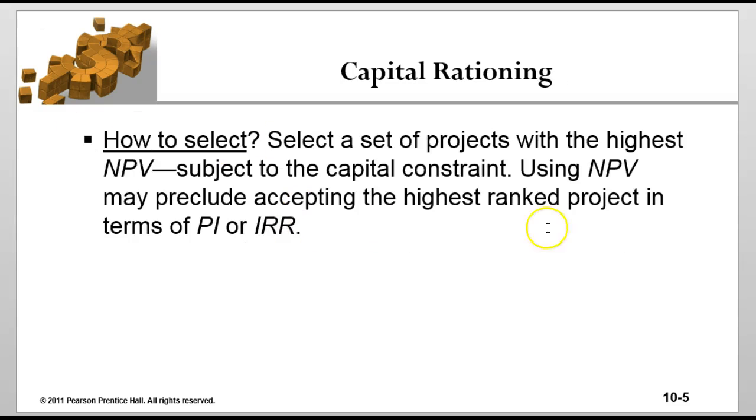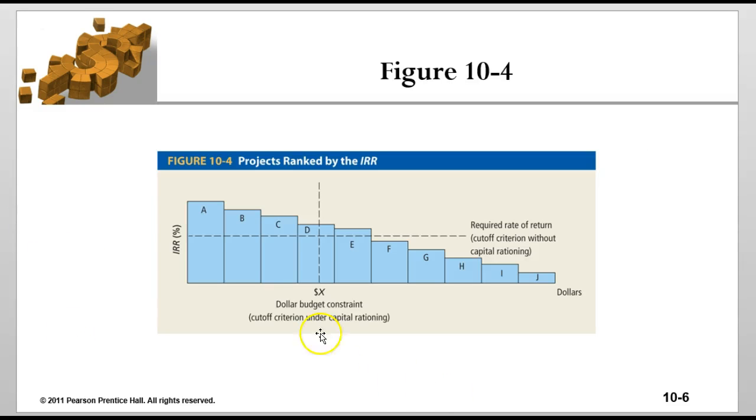So how do you select it? You could select the one with the highest net present value, or you could rank them by profitability index or internal rate of return or by the payback period. However you do that, you're going to end up with a group of projects. This one's rated by IRR, and at some point there is going to be a cutoff point, that this is all we can do right here.